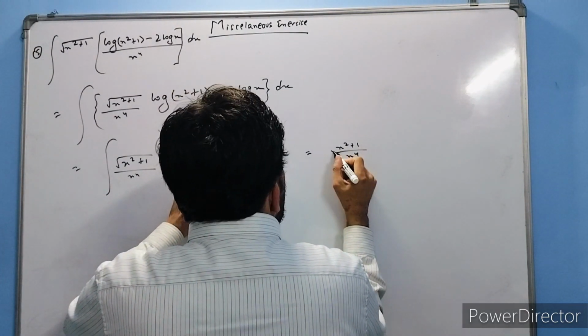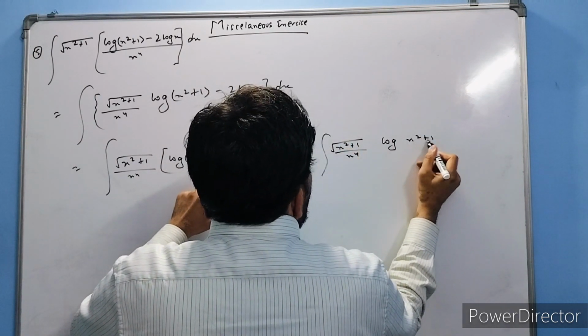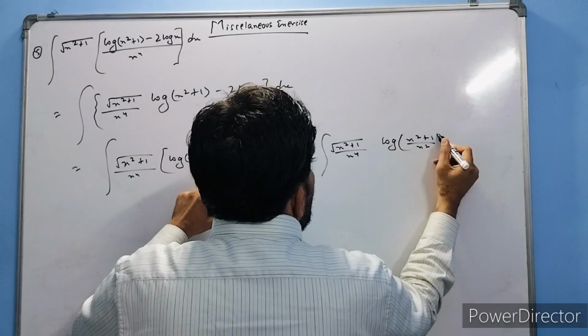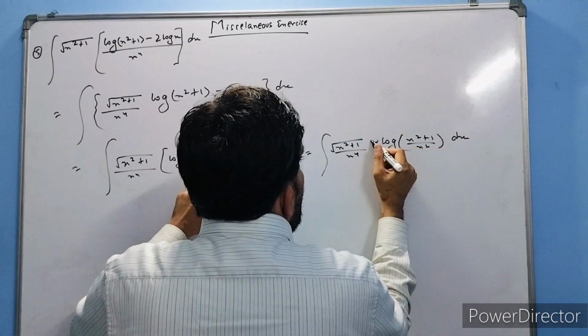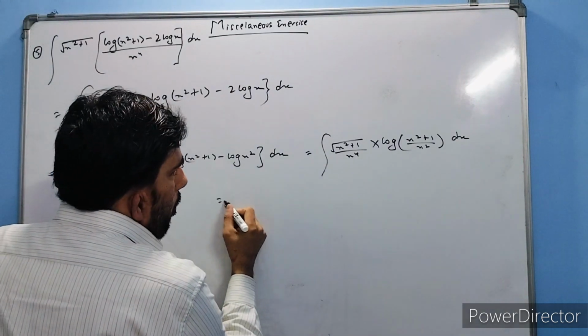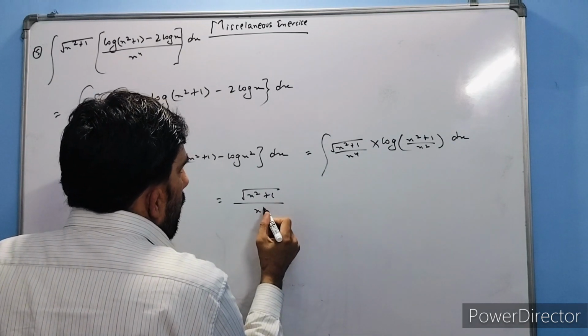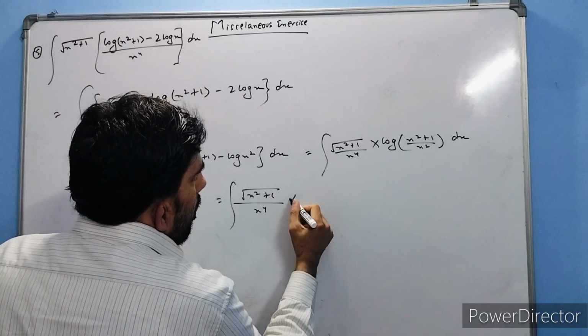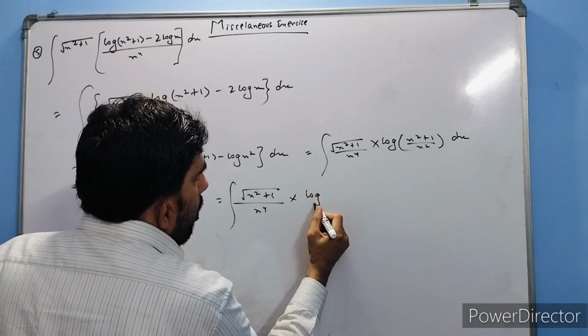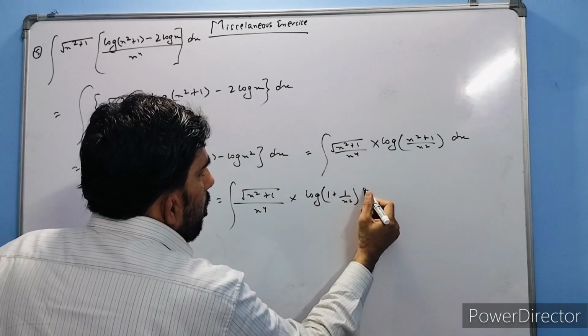It will be as it is, simple. So I will write log x square plus 1 upon x square. So my next step will be x square plus 1 upon x4. Now we'll solve log 1 plus 1 upon x square, dx.